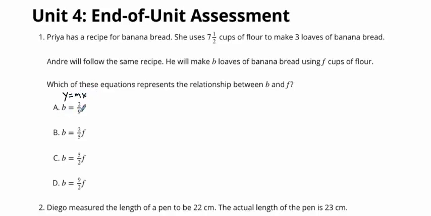And that's the same structure we have for all of these. So if we make a table, and instead of y and x, we use B for bread and F for flour.